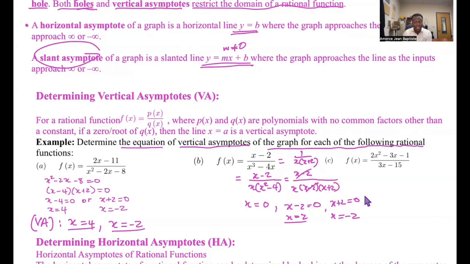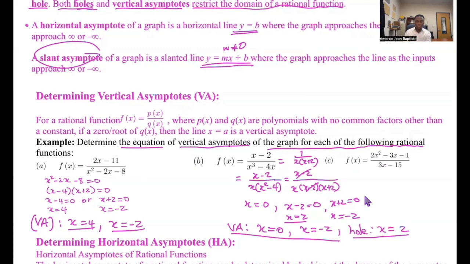What happens in this case is that the vertical asymptotes are x equals 0 and x equals negative 2, and you have a hole at x equals 2.